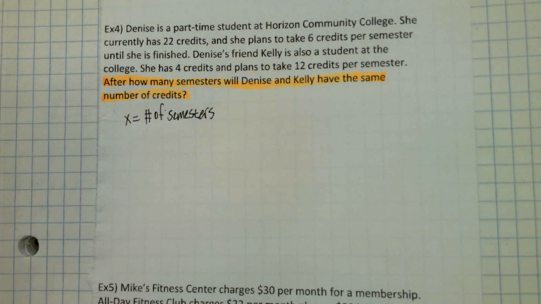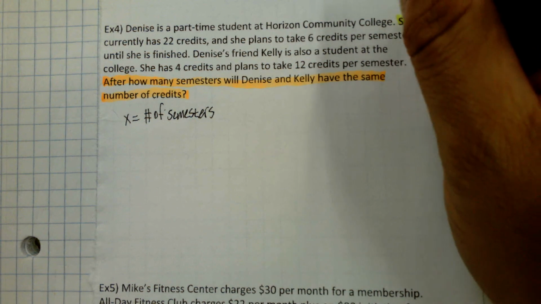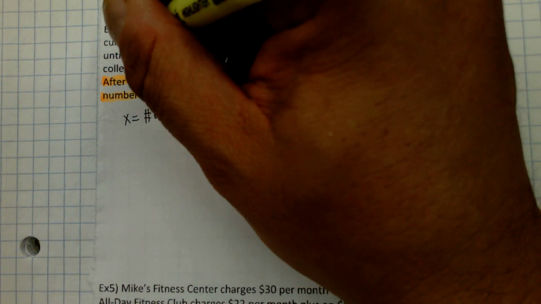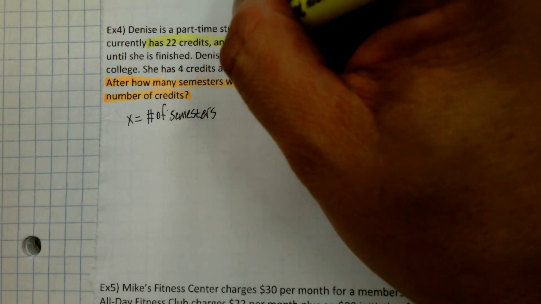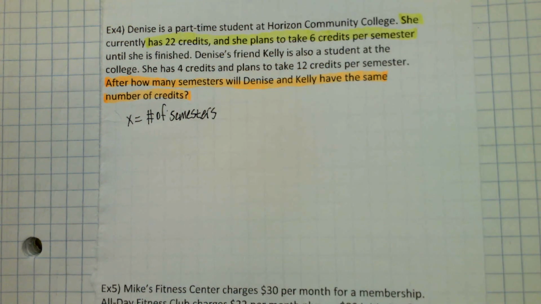Okay. Let's go ahead and go back and see if we can pick up on what the equation is going to be. So I'm going to reread and then pull out some information. So we know we have Denise. She's a part-time student. And then it says she. She is referring to Denise, has 22 credits and plans to take 6 credits per semester until she's finished.